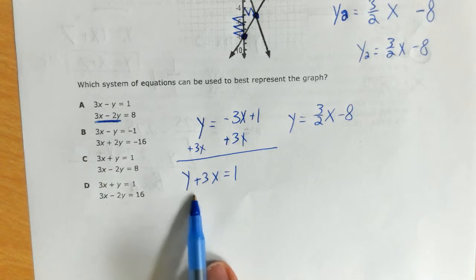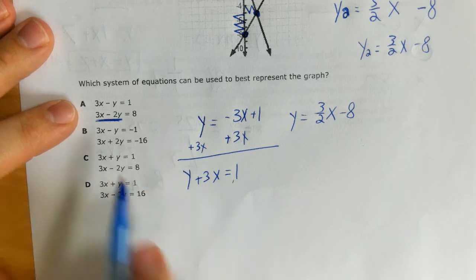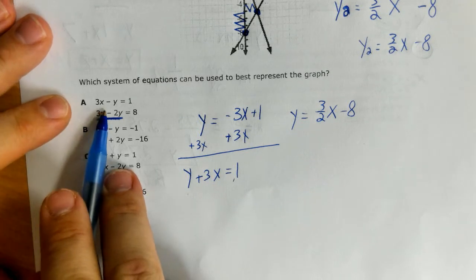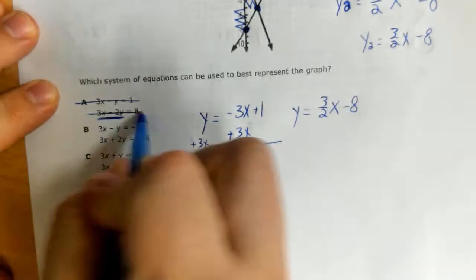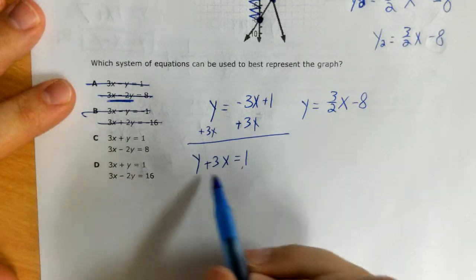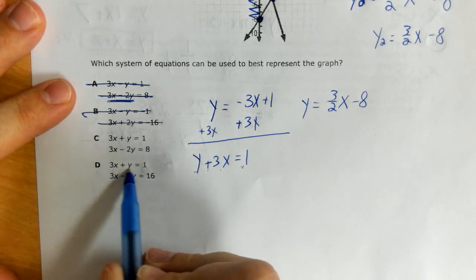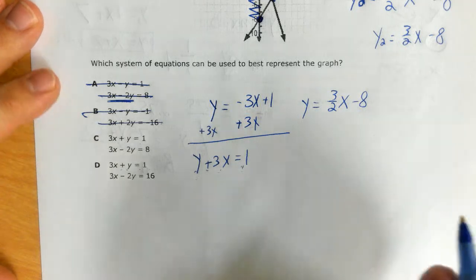So here I have y plus 3x equals 1. 3x minus y equals 1, that's wrong. 3x minus y equals negative 1, that's wrong. 3x plus y equals 1. It's one of these two.